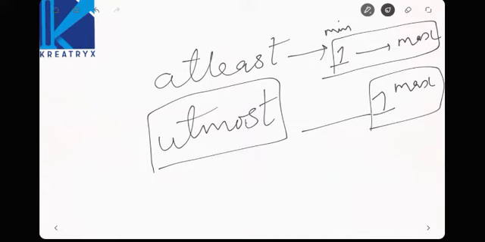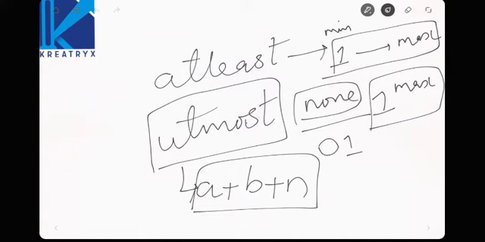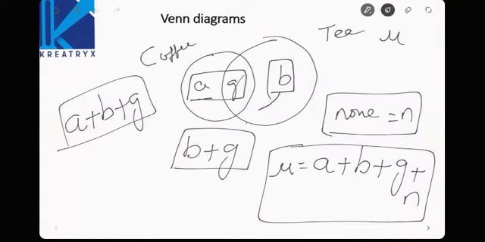Yes, none is below 1. 0 and 1. If you are asked with at most 3 drinks, 3 is the maximum and it can be 2, 1 and 0. At most 1 drink means A plus B plus N, based on the previous Venn diagram.